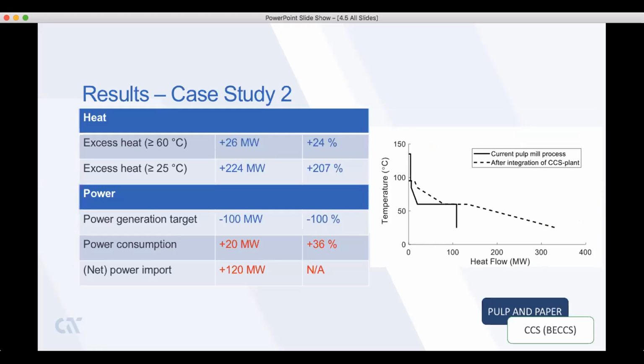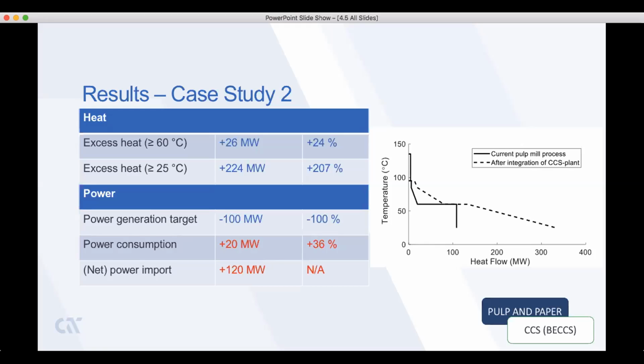The excess heat signatures of the pulp mill with and without carbon capture are displayed to the right on this slide, the solid line indicating the existing process and the dashed line indicating the process with carbon capture. As can be seen, the total amount of excess heat increases significantly, although most of the increase is at very low temperatures.